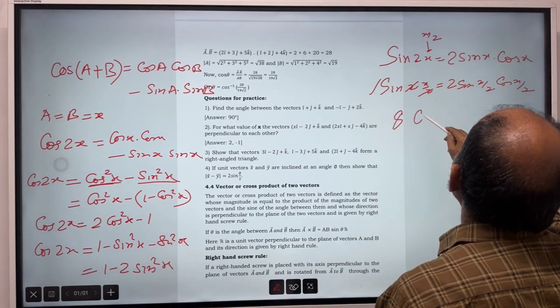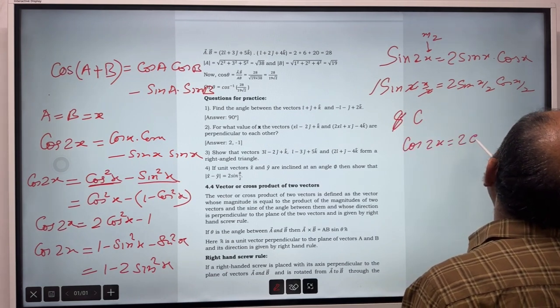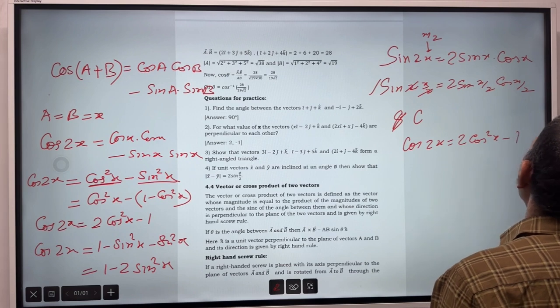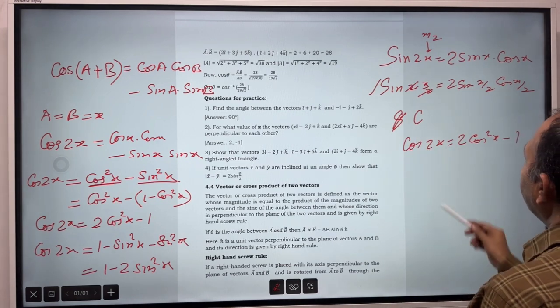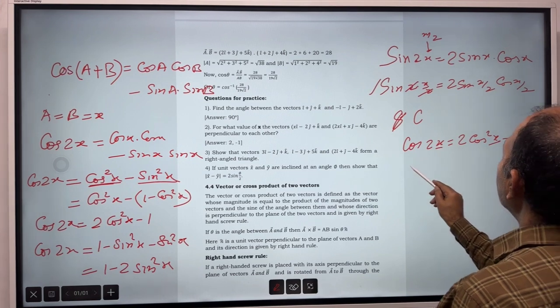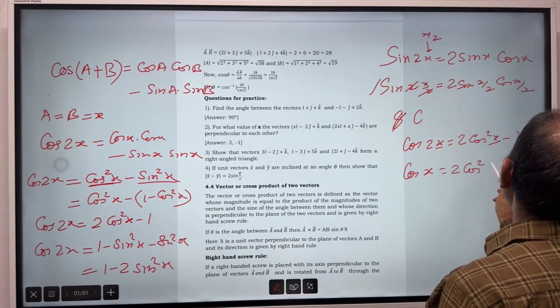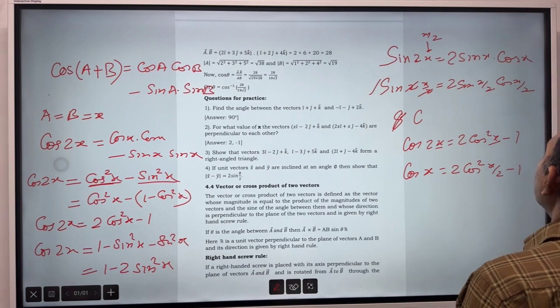Similarly, we have seen cos 2x as 2 cos square x minus 1. If we want to use half angle, replace x by x by 2. So here x by 2 will appear. So LHS will become cos x equal to 2 cos square x by 2 minus 1.